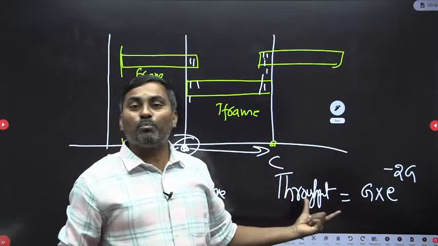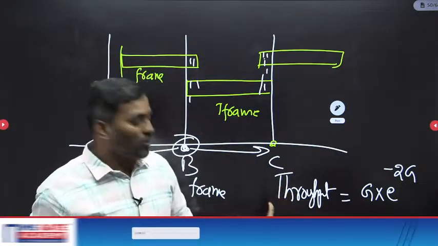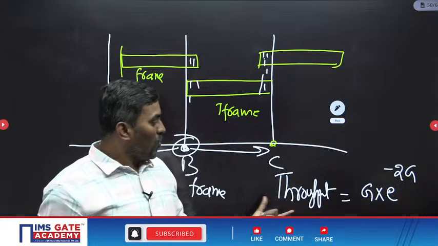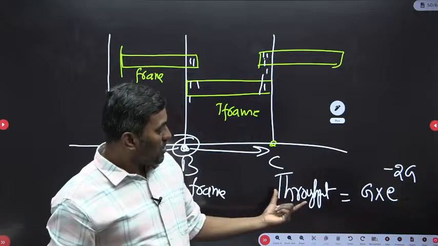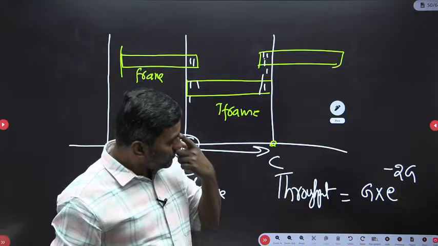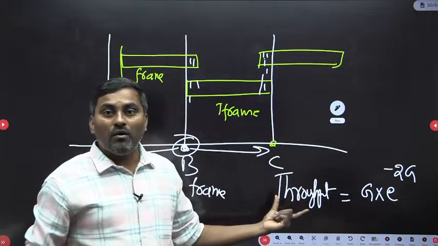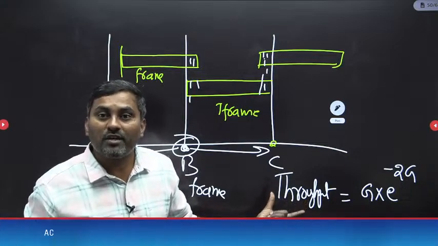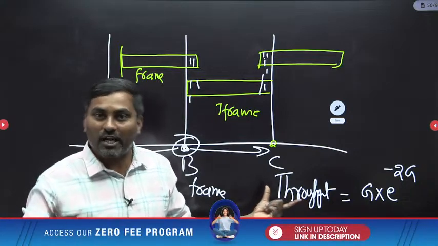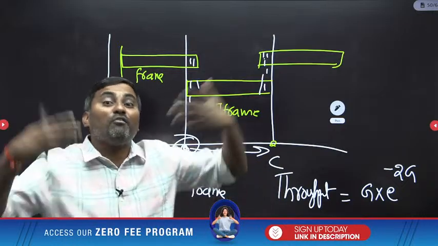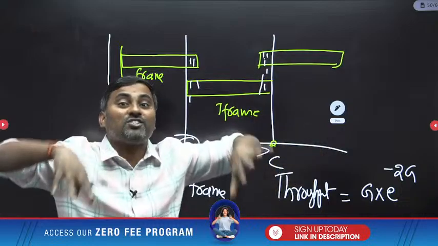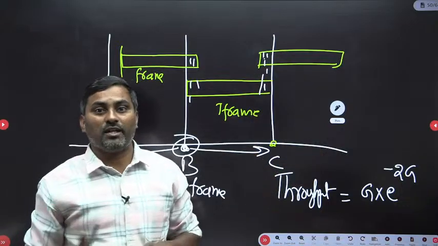What is the maximum throughput? If I want to maximize throughput, what should I do? I have to differentiate with respect to what? G is the number of frames generated in one frame transmission time. Yes, exactly, the number of frames generated by the stations in one frame transmission delay, correct or not?